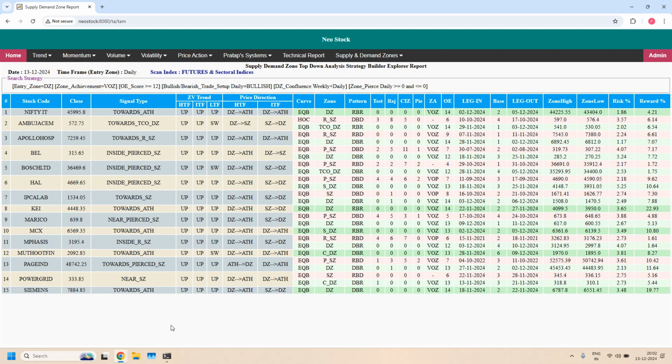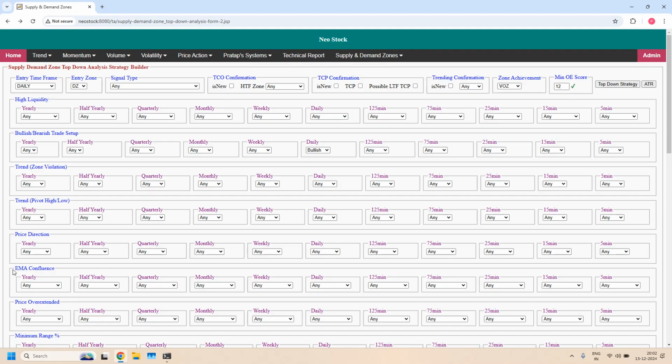So let us further filter the stocks based on the high probability. To find the high probability, let us look for EMA Confluence. Because daily is part of weekly, let us look for weekly EMA Confluence for weekly zones. In the EMA Confluence at a weekly time frame, weekly demand zone having weekly EMA Confluence filter is enabled.